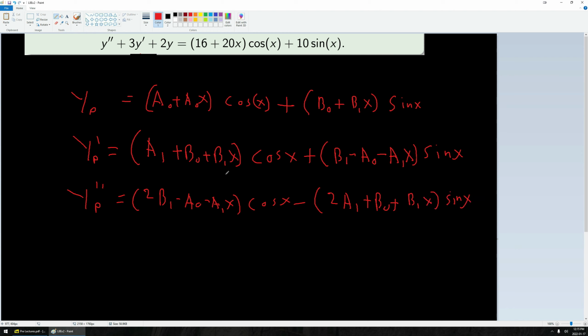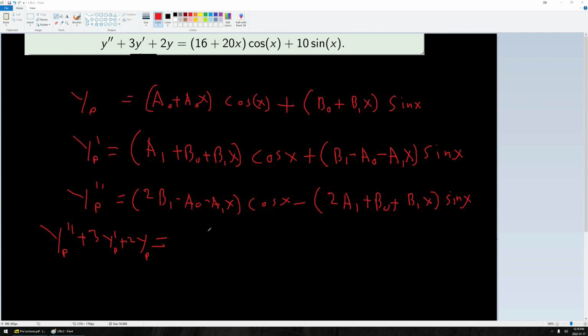Okay, so now that I have that simplified as these two terms here, I do my standard trick where I now want to examine the left-hand side. So I simply want to examine this expression here. If I do this algebra for y sub p sitting in here, what does this thing simplify to?